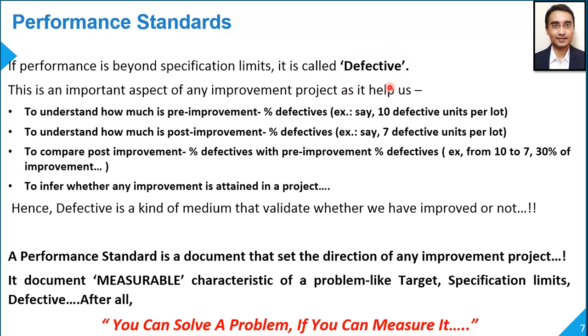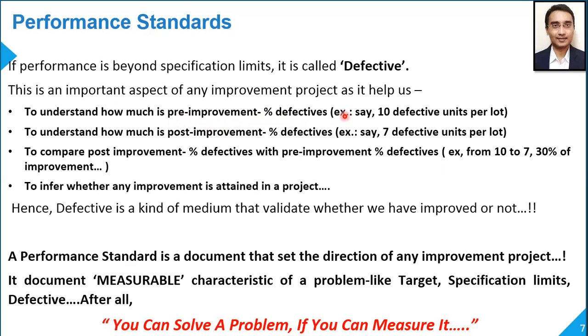This is an important aspect of any improvement project, as I already mentioned. Why is it important? Because it helps us get additional information, like, first, to understand the pre-improvement percentage defective.